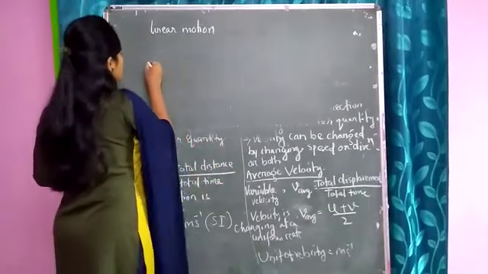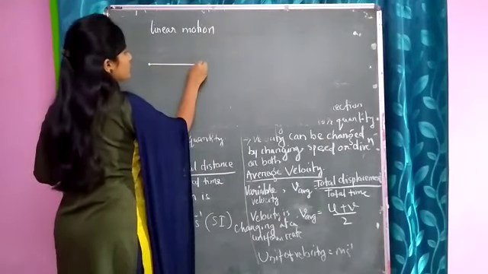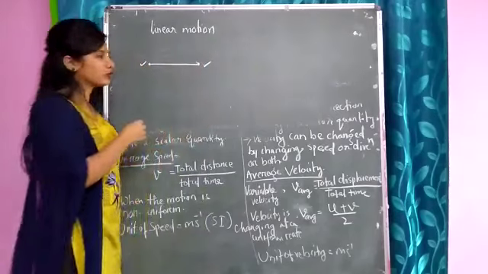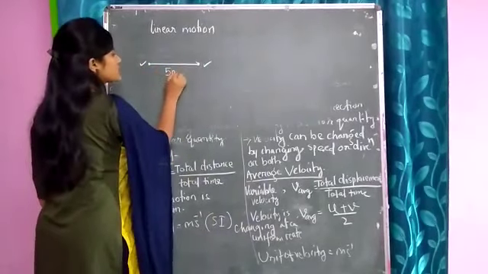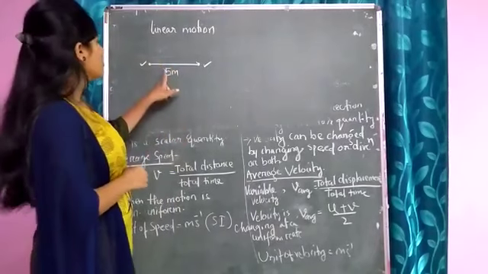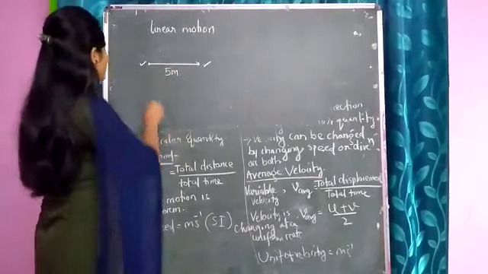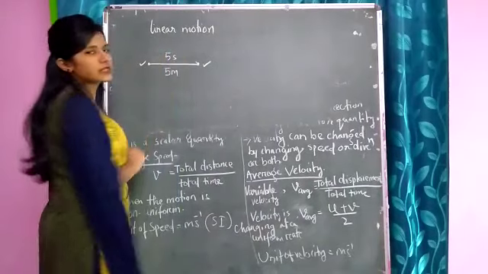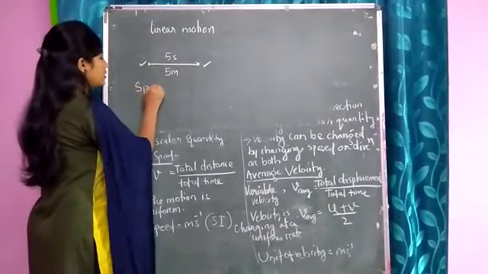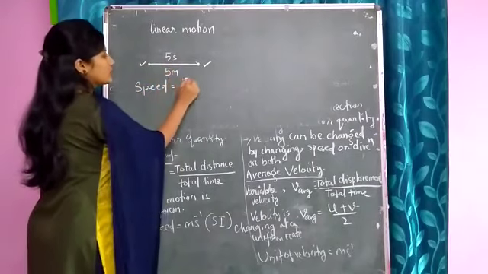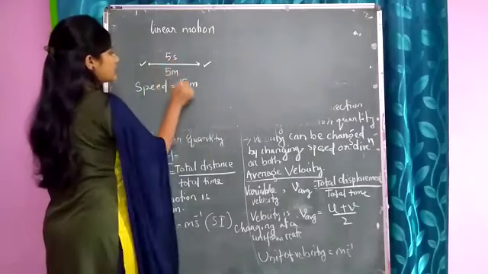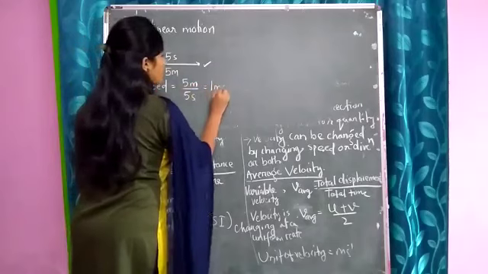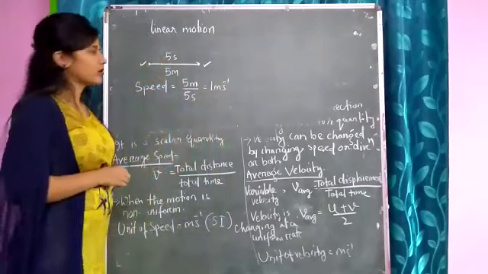Suppose a body is moving from here to here. This is its initial position and this is its final position. The distance travelled is 5 meter in, suppose, 5 seconds. So what is the speed here? Total distance is 5 meter and the time is 5 seconds, so the speed will be 1 meter per second.